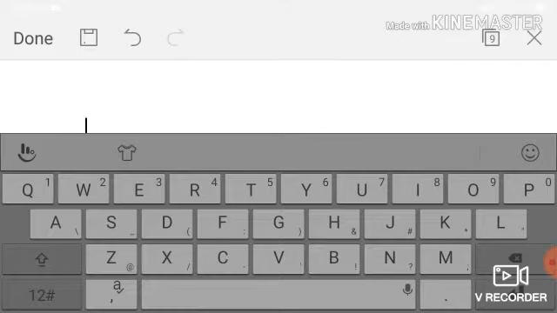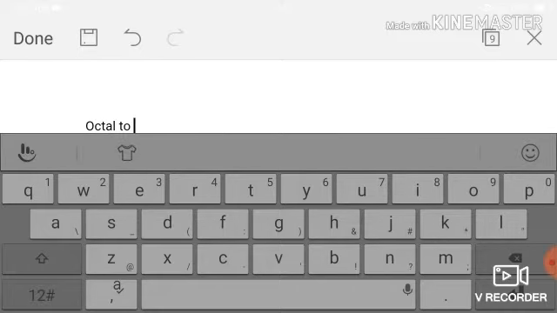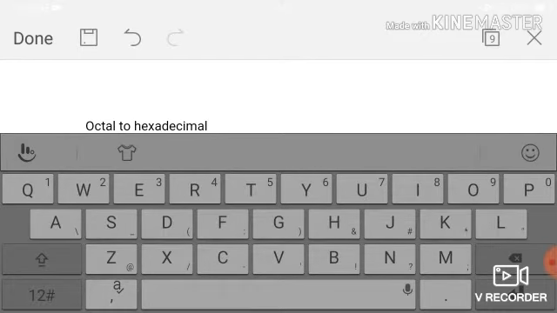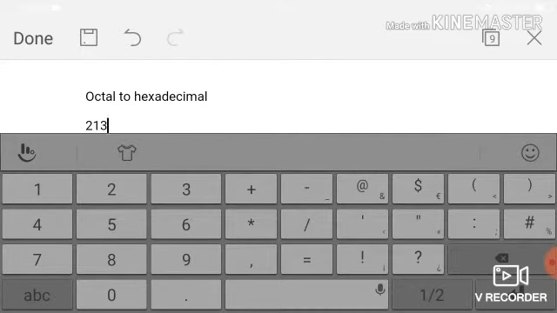Then I'm going to convert octal to hexadecimal. By doing so, for example, we're going to use 213 base 8.